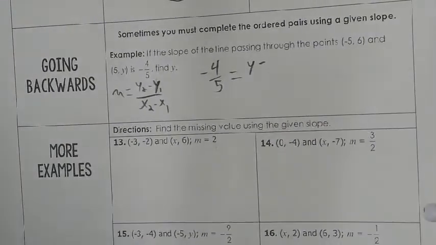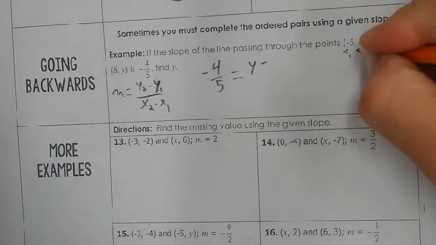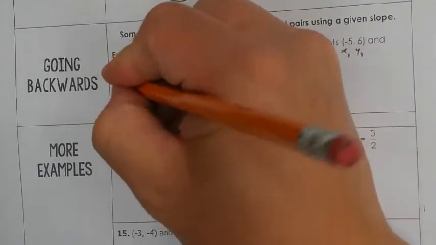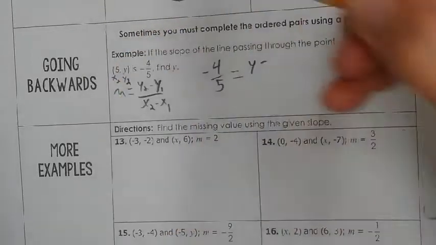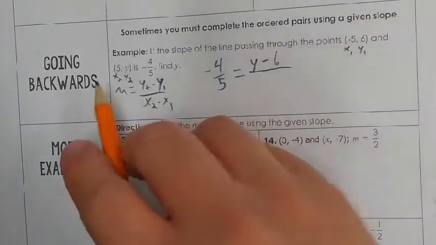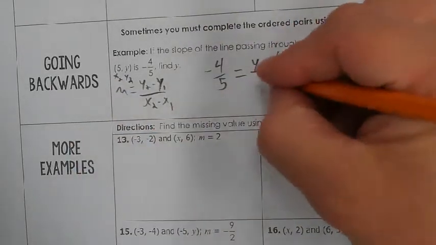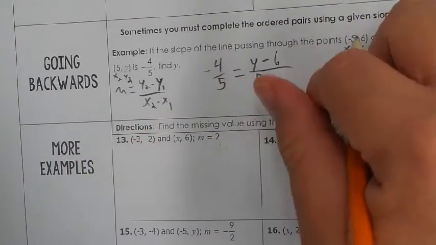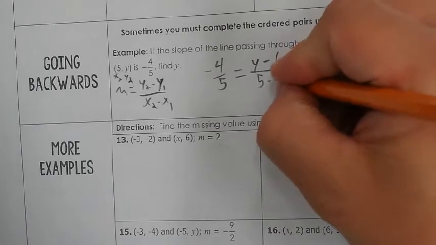Negative 5. Okay, guys, this is x1, y1, x2, and y2. So it should be 6 over x2, which is 5, minus x1, negative 5.